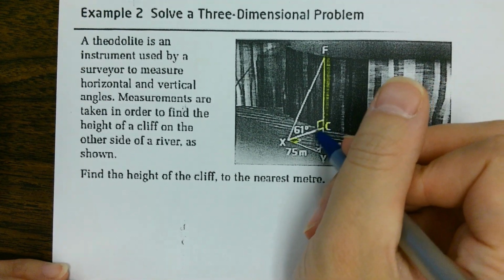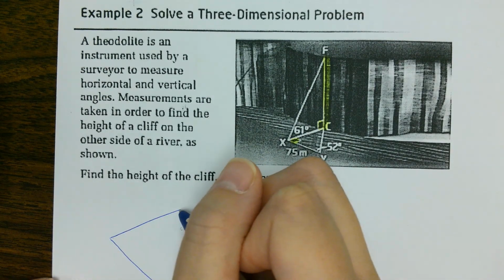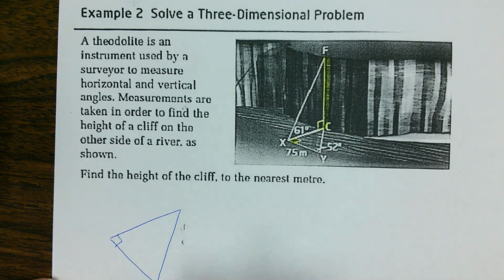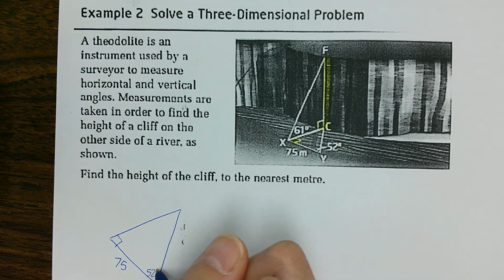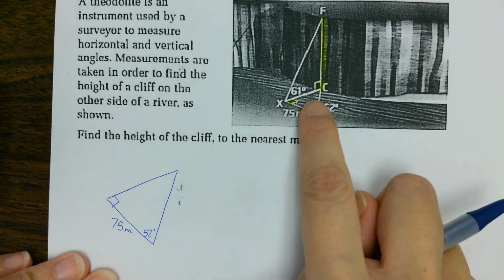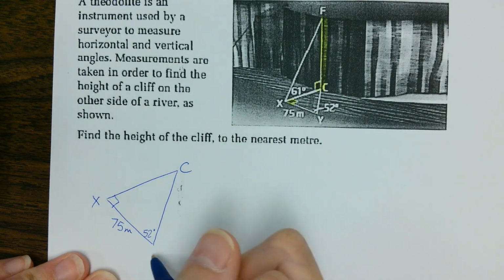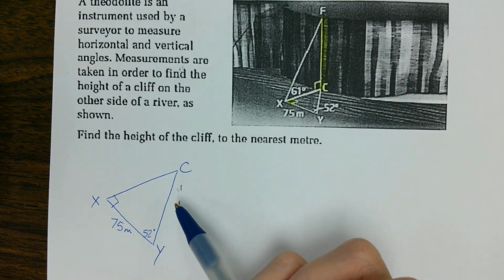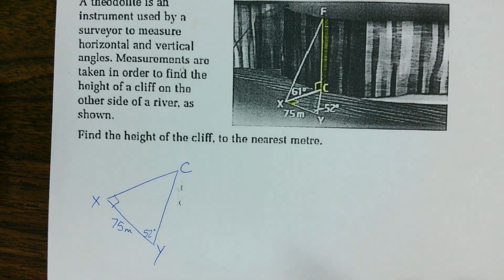So I'm going to just redraw this. Okay, redrawing this triangle right here. This is 75, and this is 52 degrees. Right? This is C, X, and Y. So which length do you think I should solve for to help me find the height of the cliff?